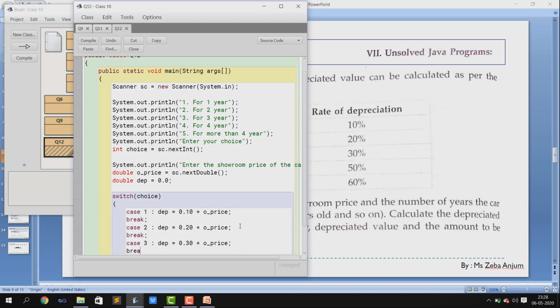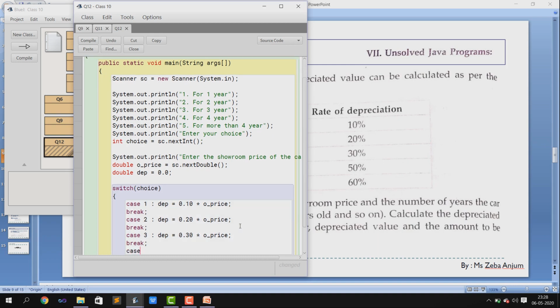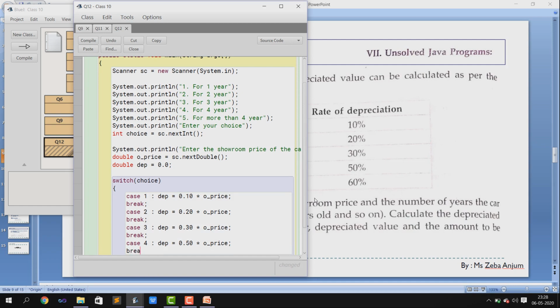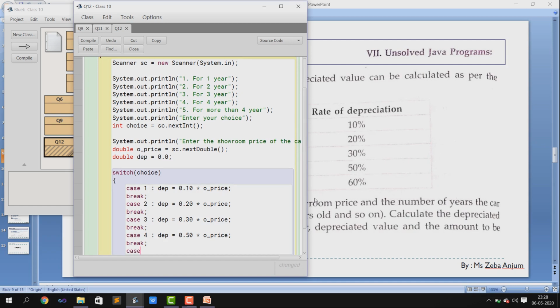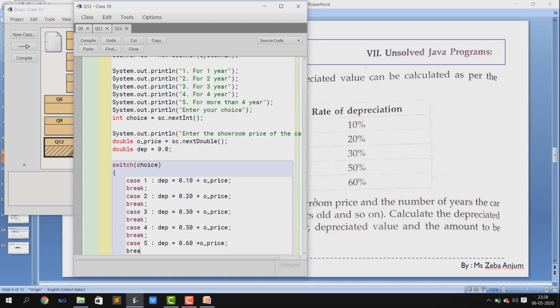Then again break. Then case 4: as seen in the table, for 4 years you have a 50% rate of depreciation, so 0.50 multiplied by original price. Again break. Now the last case, case 5, for more than 4 years: depreciation is 60%, so 0.60 multiplied by original price. Again break. All the 5 cases are done.